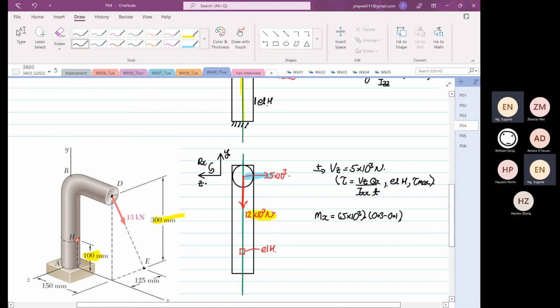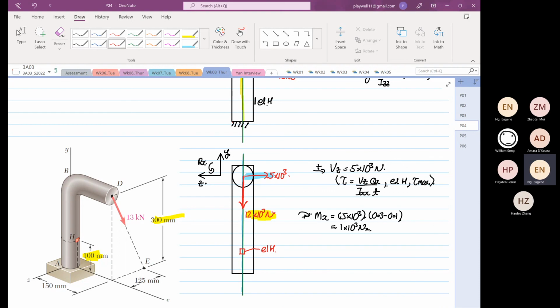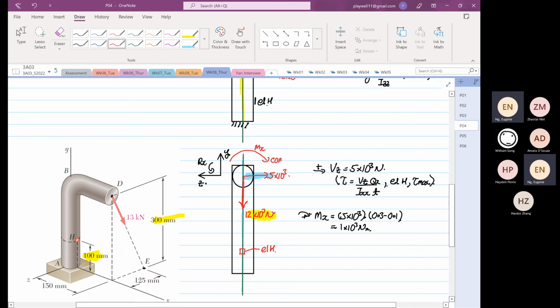So this will be equal to 5 times 10 to the power 3 times 0.2. The moment is 1,000, or 1 times 10 to the power 3 Newton meter. I do apologize if I take this direction as positive. So when that's the case, moment in x is in this direction. So this is compression, this is tensile.